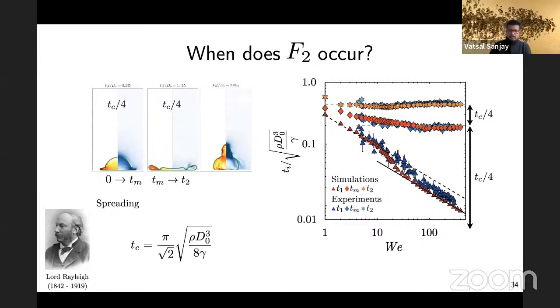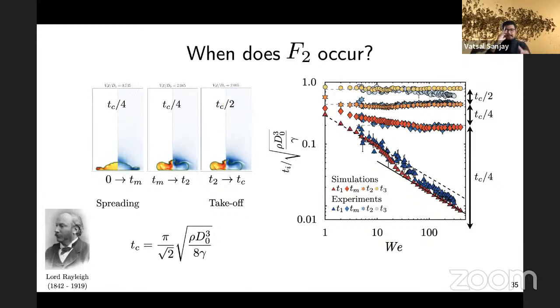Once we move on, we have a substrate, right, which creates an asymmetry, and that is going to disturb this symmetric drop oscillation cycle. As a result, what we see is that this 1/4 will give you half of the drop oscillation cycle, and the other half goes entirely into this elongation and takeoff phase.